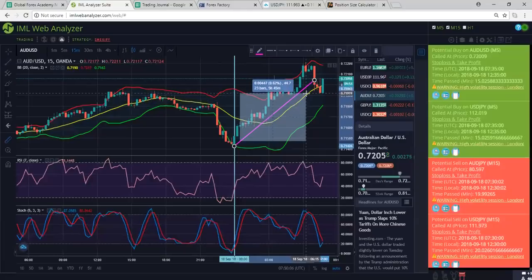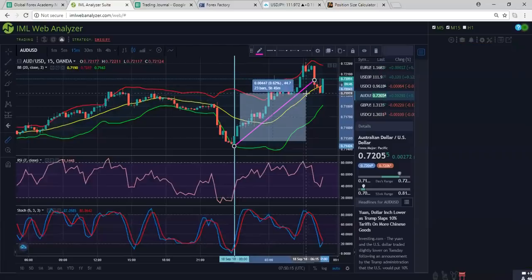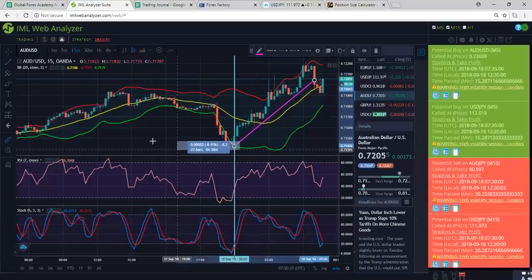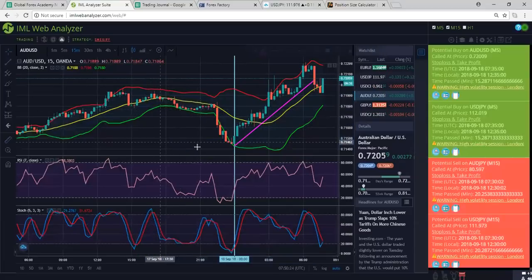So a lot of times what I like to do, I like to focus on one currency pair. You can trade all these different pairs that you see when the web analyzer calls a buy or a sell, but if you focus on one currency pair, look what happens. Normally, I like to trade with the trend. A lot of the trades that the analyzer calls is going to be against the trend, but here's the beautiful thing. Look at this. Look how price went long, right?